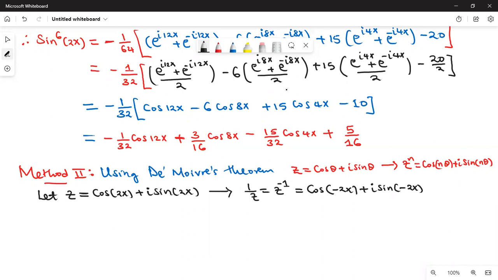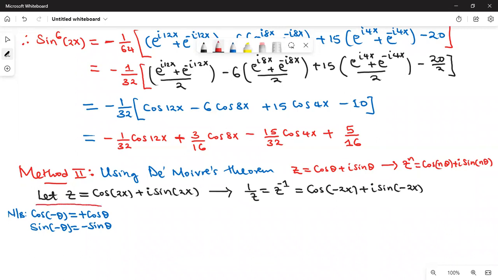But remember, take note, let me write it here. Take note that cos of negative theta is the same as positive cos theta. Cosine is an even function, and also sine of negative theta is the same as negative sine theta. So sine is an odd function.